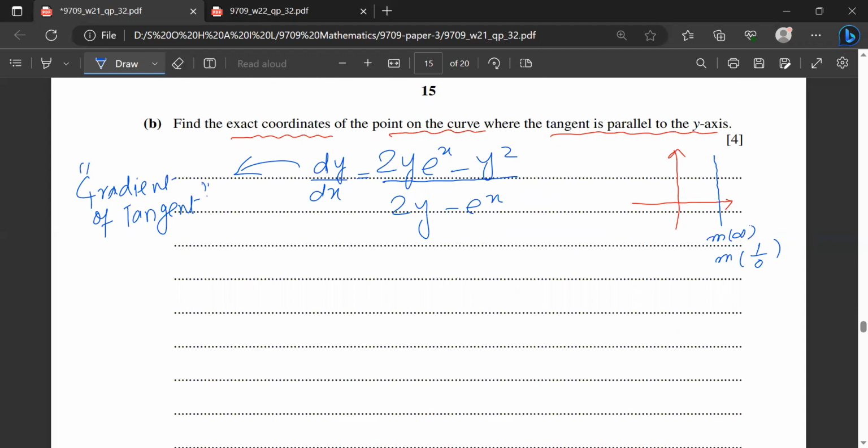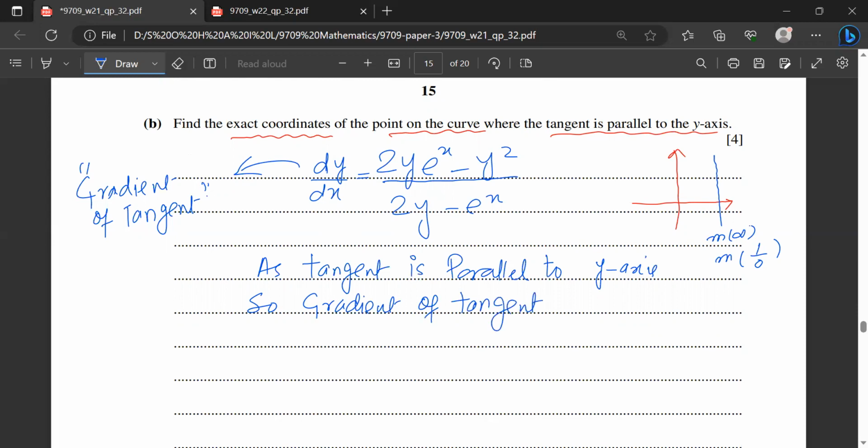Now, as given that the tangent is parallel to y-axis, the gradient of the tangent is undefined, means infinity. That is, dy by dx is undefined.